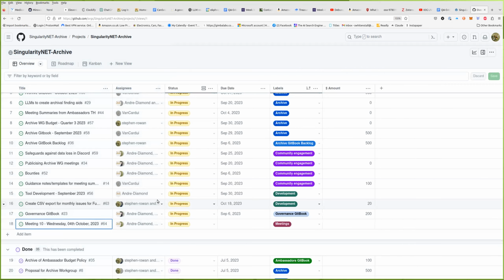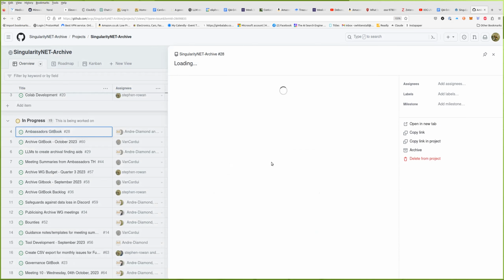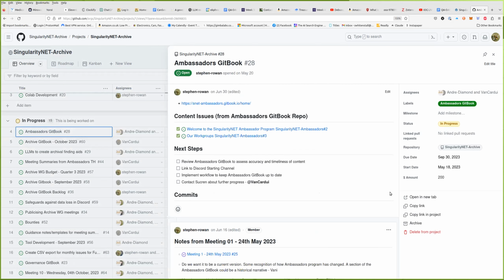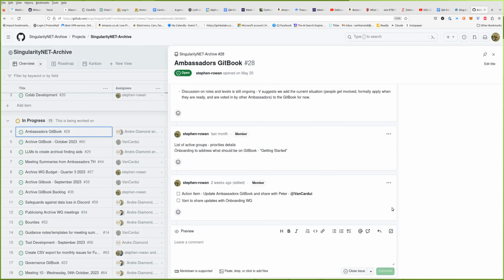We'll start with the first one, ordered by label, which is the Ambassadors Gitbook. This is shared between all of us. I think the most recent discussions on this were more to do with what it's for, how we update it, and how it synchronizes with onboarding.